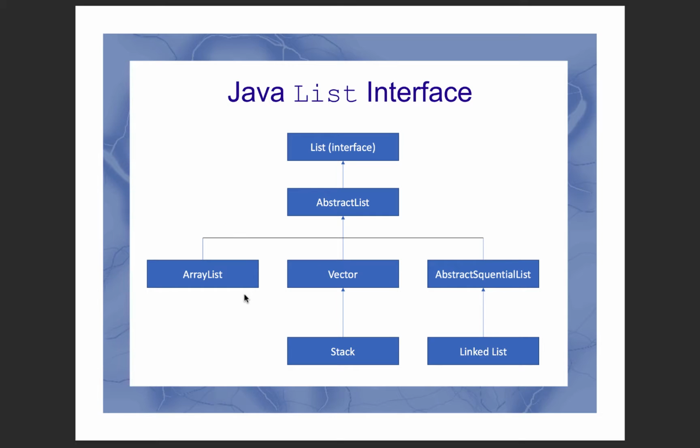So in this course we'll talk about the array list today, and we'll learn about the stack, and we'll learn about the linked list. So we are learning all three classes. Those are very important. So today we'll start with the array list.